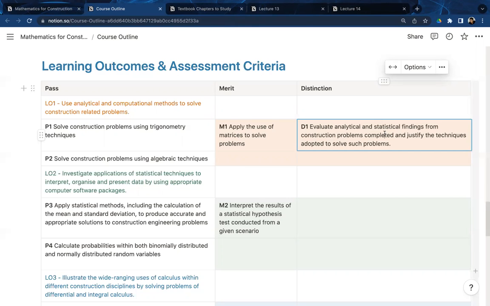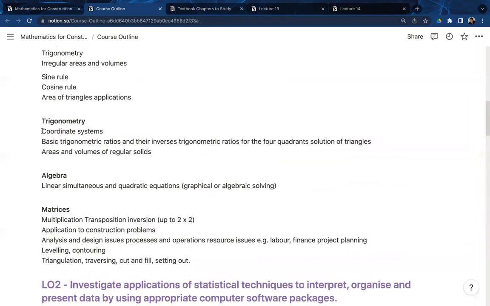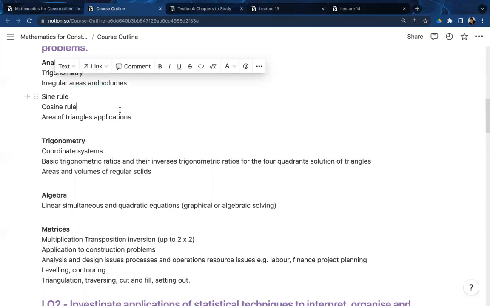For this course, the trigonometry we're going to use is fairly basic, fairly simple. So if you see up here, they say the ratios, quadrants in a different section, areas and volumes, sine, cosine rule, area, irregular areas, that kind of thing. Kind of more sticking towards that here.